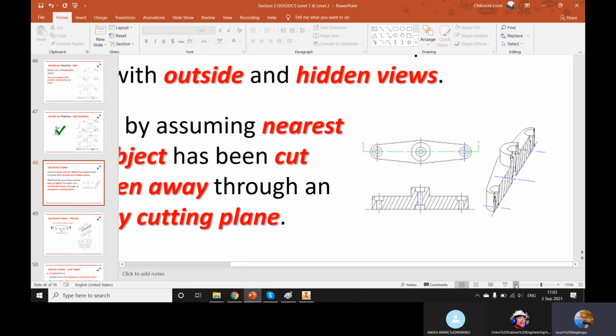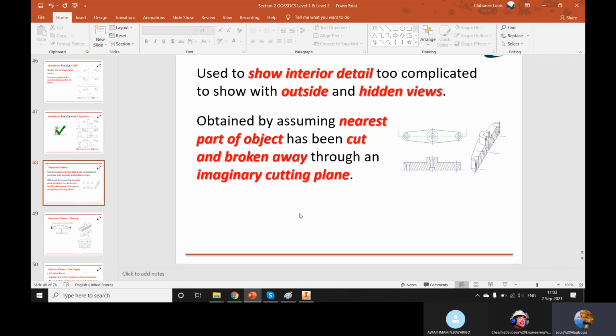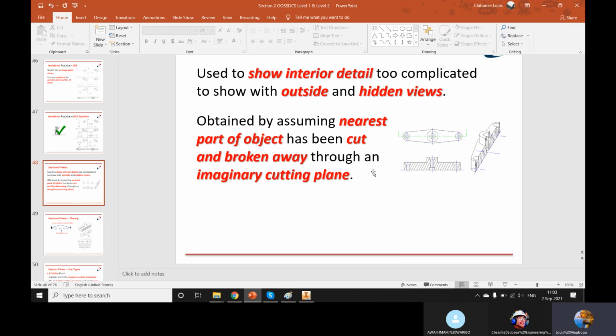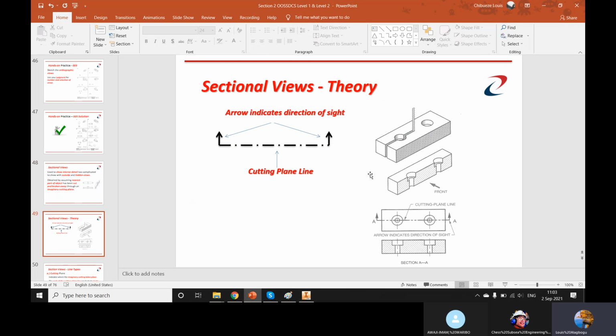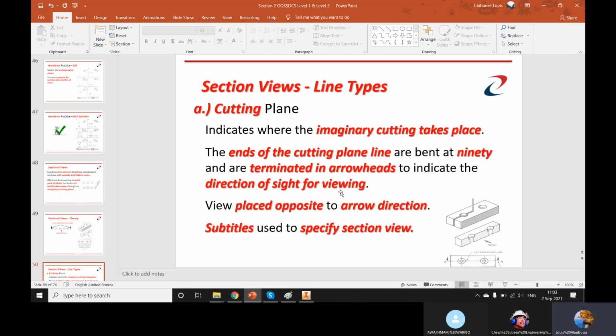All right. So this is the cutting plane now, showing the sectional view. There are different types of this. The one you just saw now is a full sectional view. There are other types of sectional views. This is a cutting plane, with arrows indicating the direction of sight, and then these are the hashed parts.